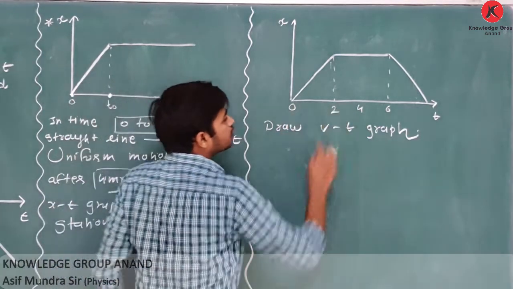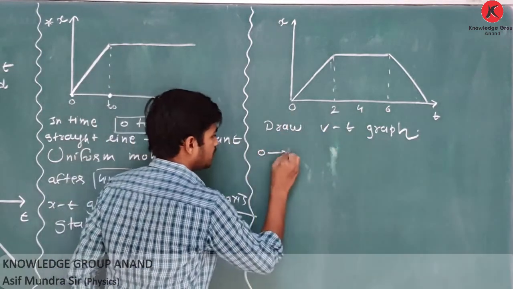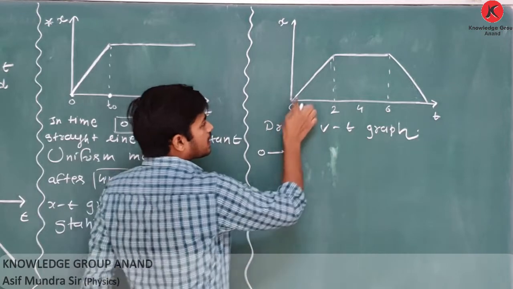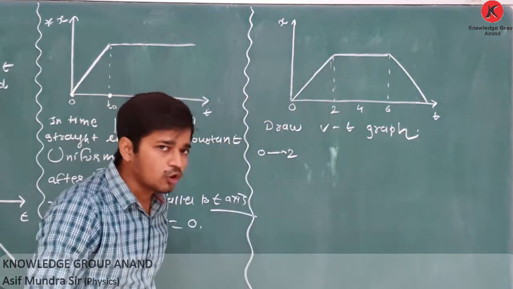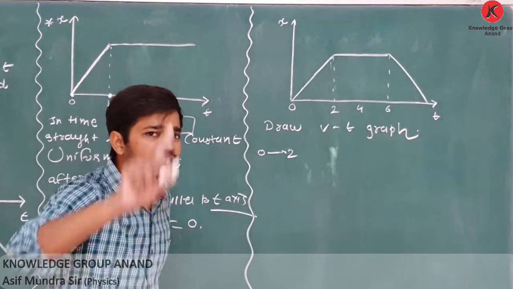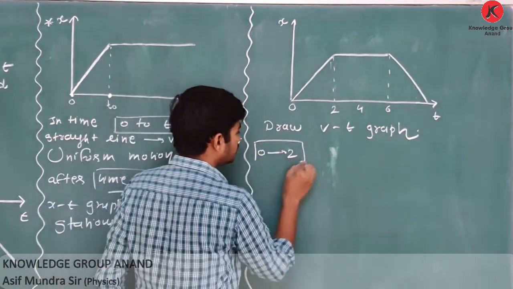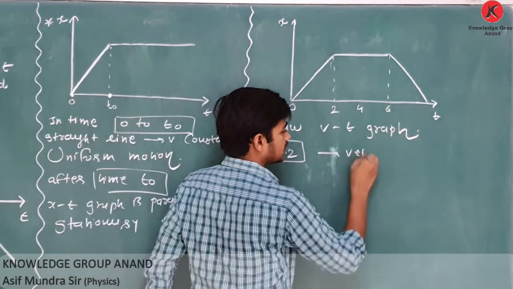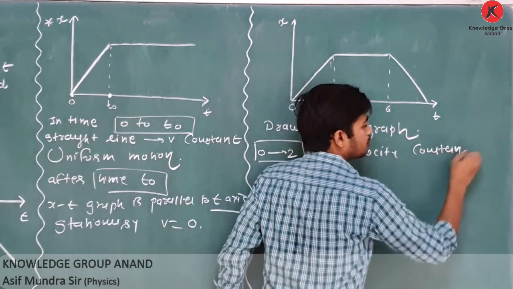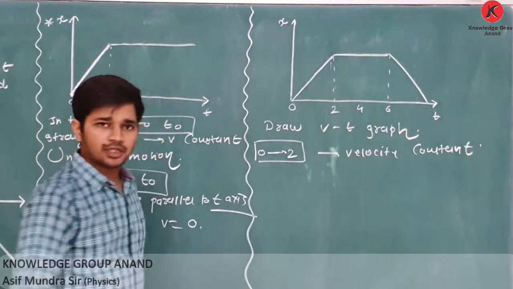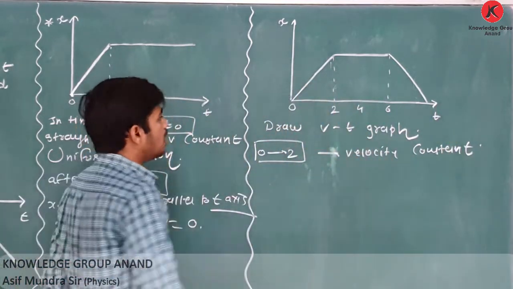See, between 0 to 2, the xt graph is a straight line having some slope, which means it has some constant velocity. From 0 to 2, it has some constant velocity, which means it is performing uniform motion. Yes? Okay.